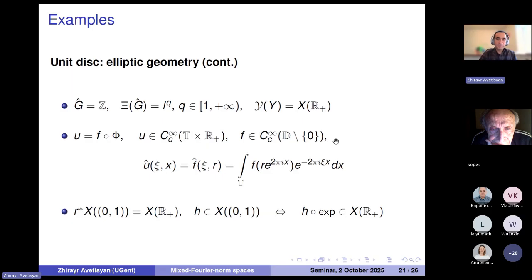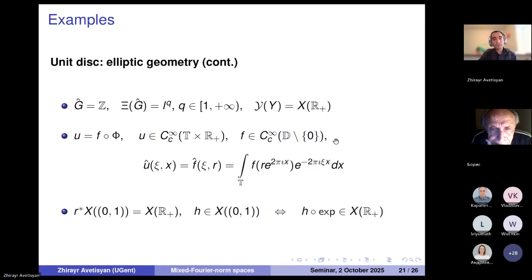So essentially, if we had a test function, now because our group is compact, the T is compact, Schwartz space on the group consists simply of smooth functions. They are all compactly supported automatically. So the test functions in this case coincides with compactly supported functions on this product manifold.